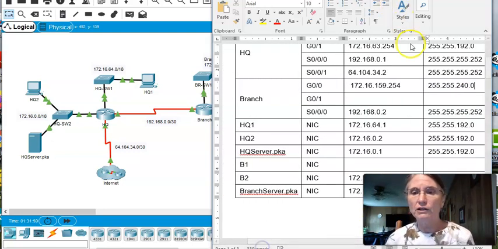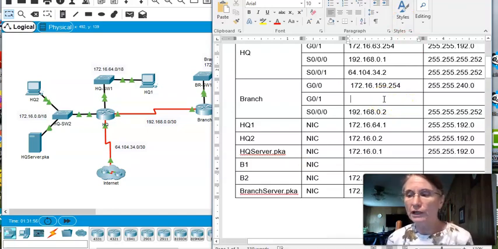And then you'll know what to fill in for the G01. It was that address that we calculated as the last usable address in the first subnet.